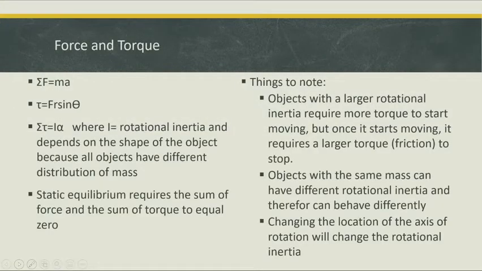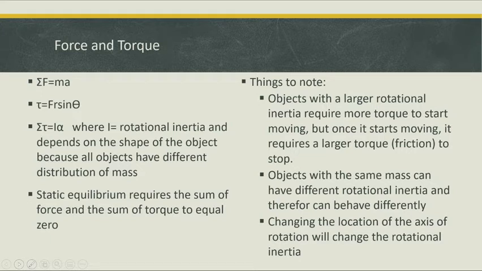So just to go over some of this information, we have force and torque because we're going to start looking at the second law for rotation. We're looking at Newton's second law, but dealing with rotation. We know Newton's second law: the sum of forces equals mass times acceleration. So how do we equate that to torque?